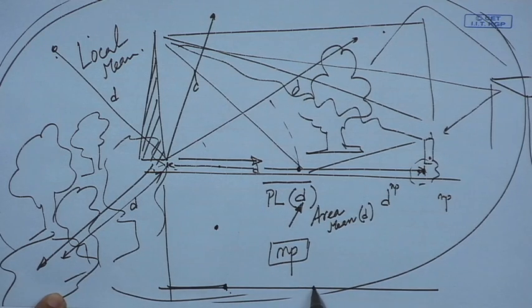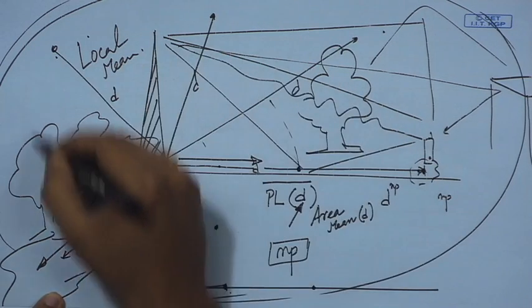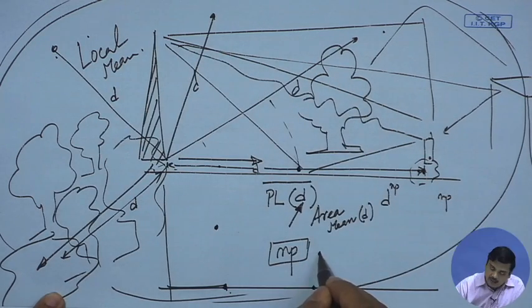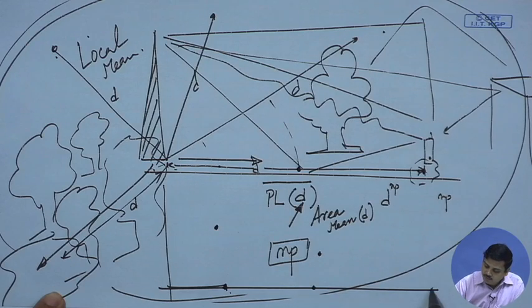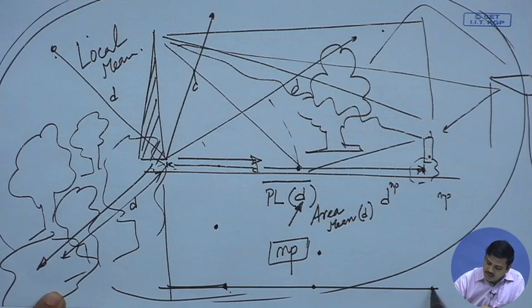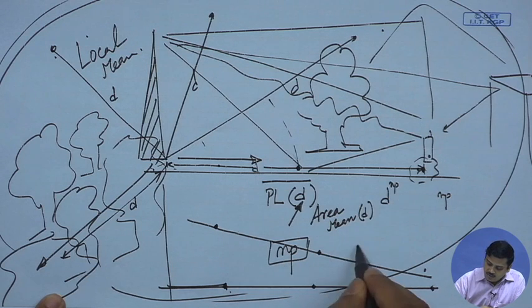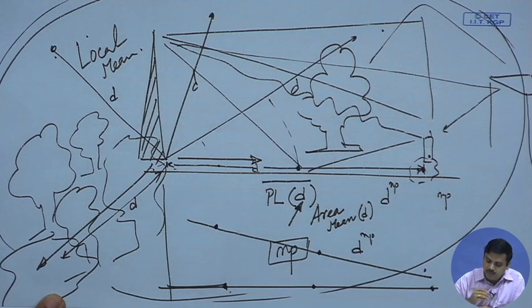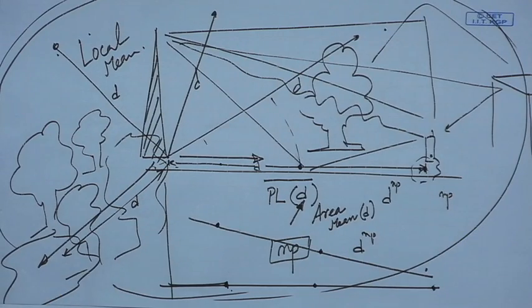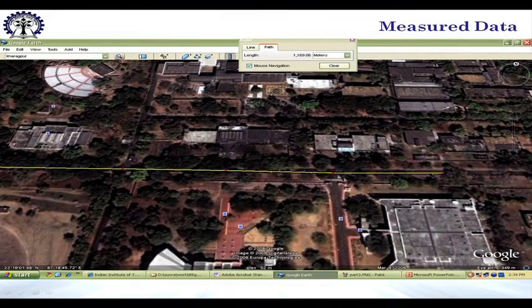I move further down, do several readings in this area, and get another average reading. As I move further down, my distance has increased, and at that distance I take the average reading across the whole area. What I get is the average received signal strength as a function of distance, and the slope of d is indicated by n_p.